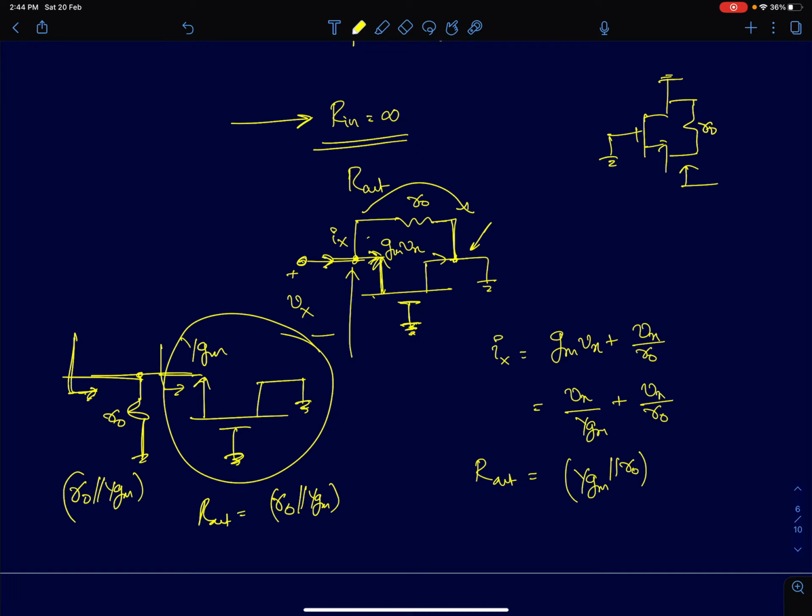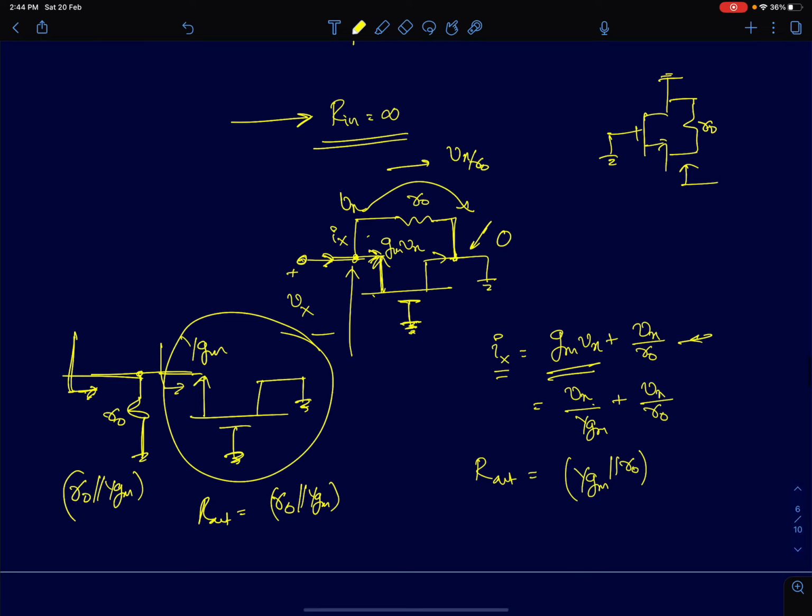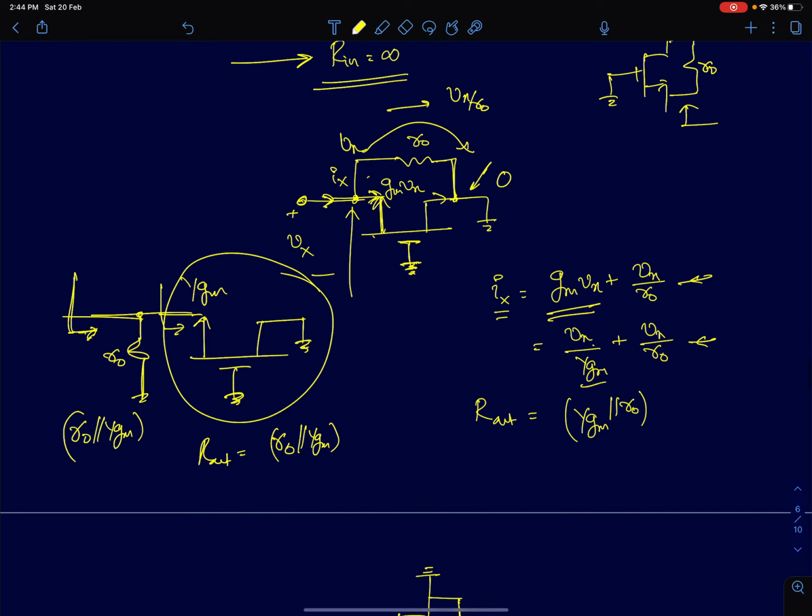To find it, we need the voltage drop across R0. On one side it is at 0 volts, on the other side it is Vx, so the voltage drop across R0 is Vx, and the current through it is simply Vx/R0. So the total current Ix is GmVx + Vx/R0. That I can write as Vx/(1/Gm) + Vx/R0. This is nothing but two resistors in parallel. Rout is given by 1/Gm parallel R0.